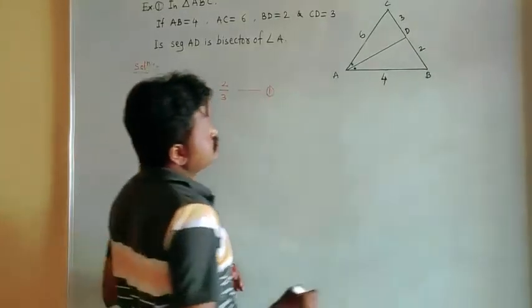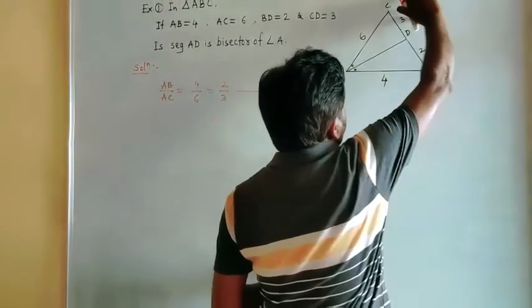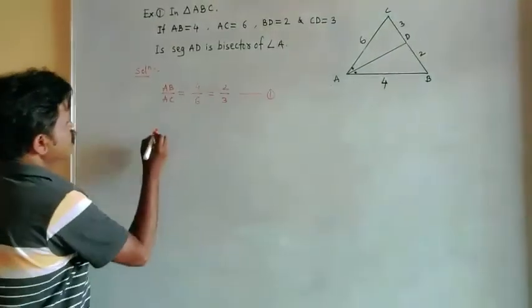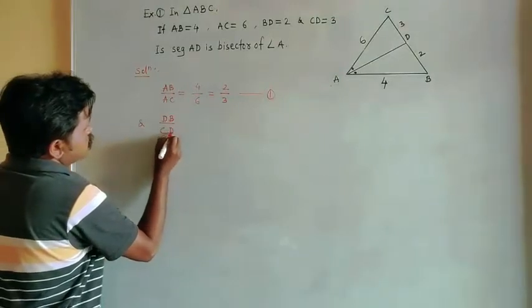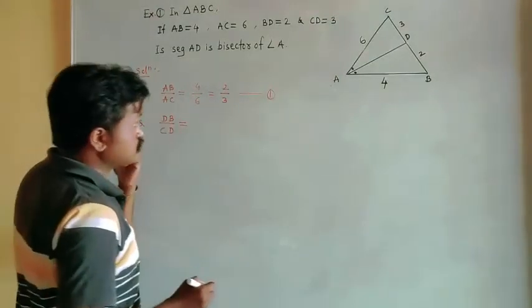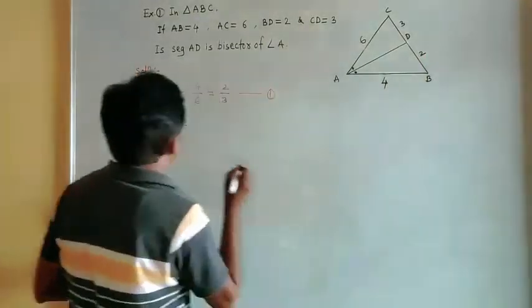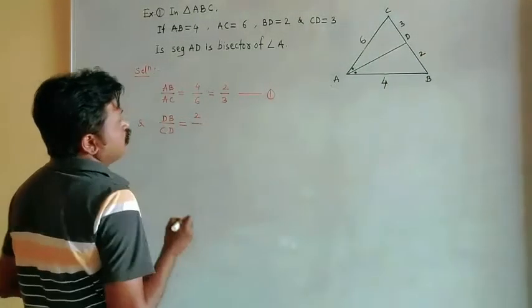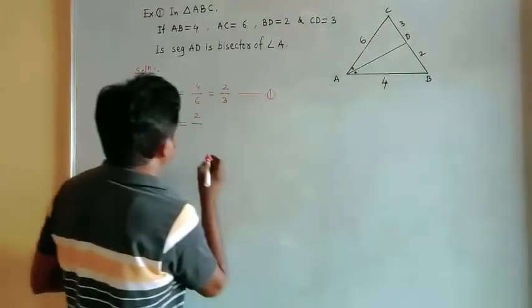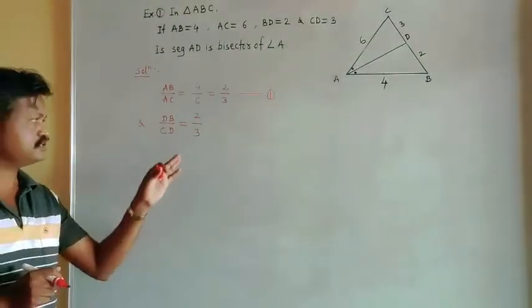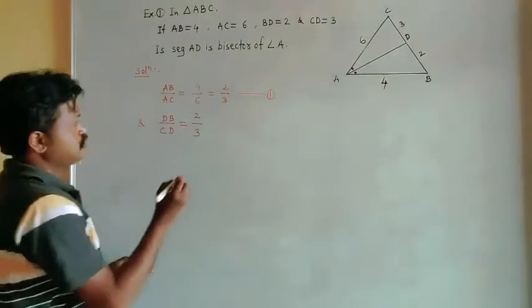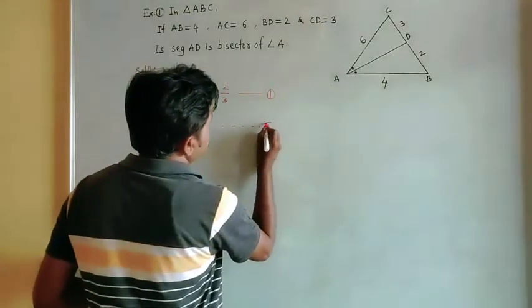Similarly, the second ratio, BD upon CD. The value of BD is 2 and the value of CD is 3. So you get 2 upon 3. It is not necessary to simplify again here. So that is statement number 2.